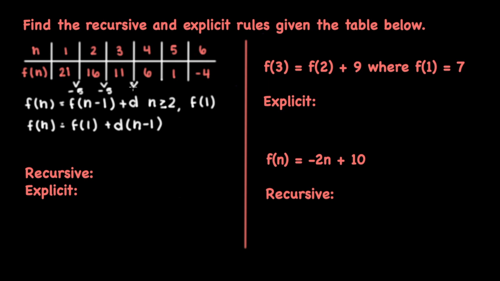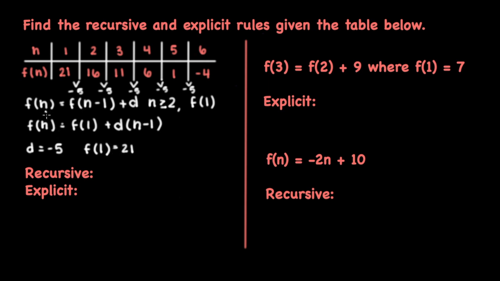And just to make sure that this actually is an arithmetic sequence, we can go ahead and do the same process for all of our terms, and we see that we have a common difference of negative 5. Now we also need to give the value of our first term. So let's also take note of f of 1, which is 21.